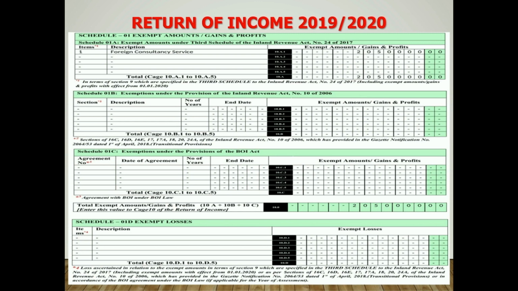Total amount declared in cage 10D is not required to enter to the first page of the return, because first page is available for the exempted amounts or gains and profit, not for losses. So whatever the amount you are entering into schedule 1D should be available only in that schedule.